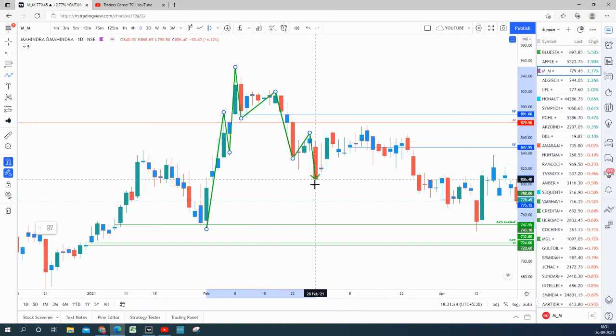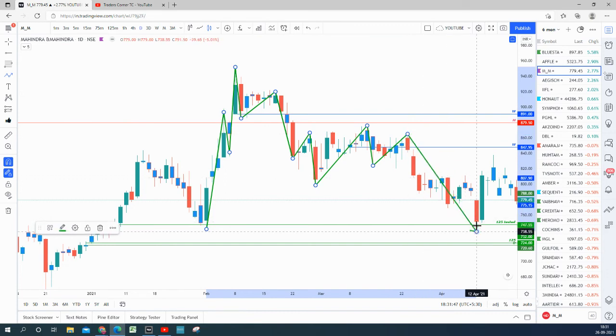First target was given here after your entry. This was 833 and this low is 870, 798, almost 30 points. But again, it didn't hit the stop loss. It went high here, and it gave the final target here.